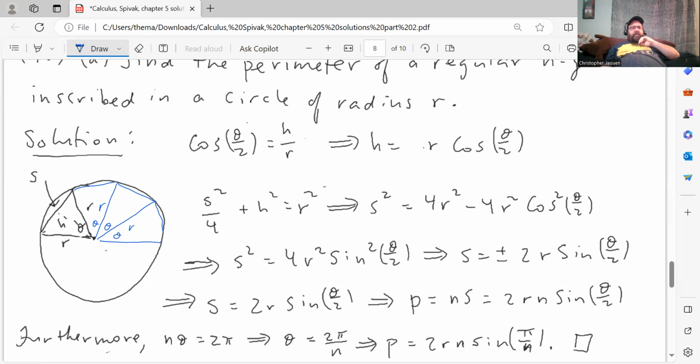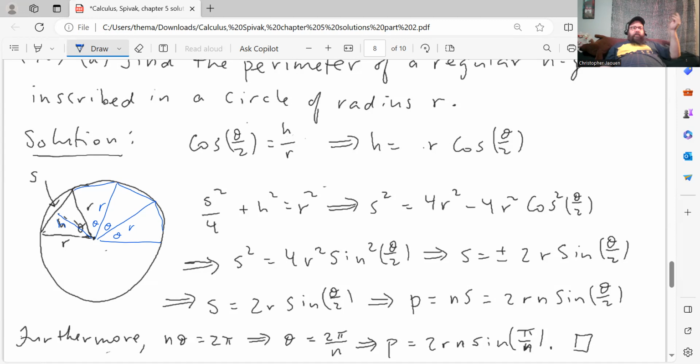If you look at the particular triangle that I drew here in black, this is my angle theta. I drew the altitude, which I'm calling h. That's this length here. The sides of this triangle are r, and s is the side here, which is the length of one of the sides of the n-gon.